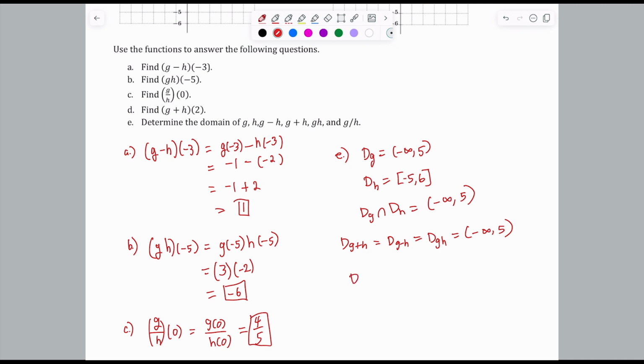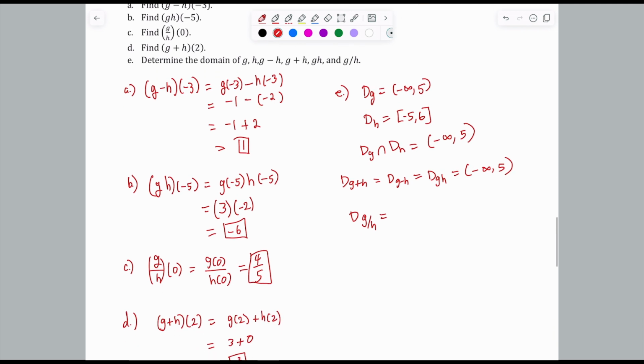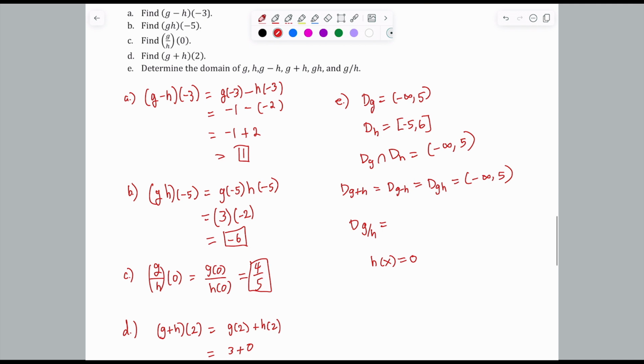But for the domain of g over h, it's going to be -infinity to 5. However, we have to be careful and figure out where h of x is 0, because we want to exclude the numbers that make the denominator 0. Using the graph, we need to figure out the zeros of h of x, the x values that make that equation true.